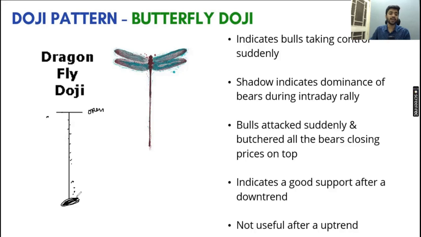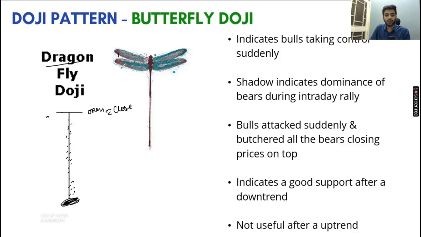They started buying, and again on the closing you'll find that from this open, the stock closed up here. So this is also called butterfly or dragonfly. The name got derived from this dragonfly. You would have seen this fly flying around here and there somewhere.